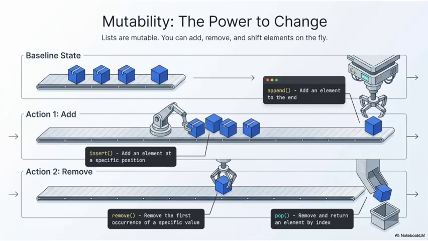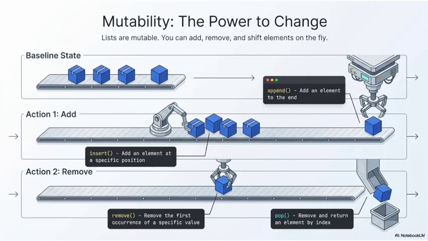Lists are mutable. You can add, remove, and rearrange elements after creation, making them the right structure for any collection that changes over time. Add to the end, use append, the most common list method. my_list.append with your new item adds one element to the end. Add at a position, insert with the index value, comma, the value itself.